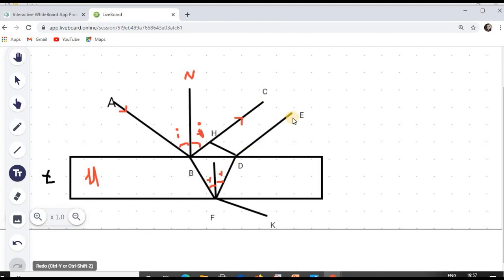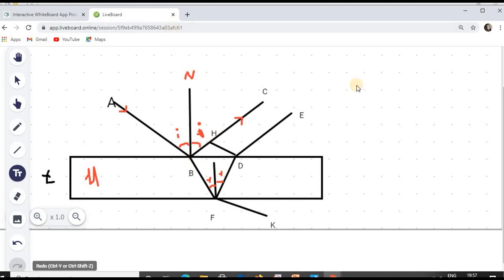What makes the path difference between these two interfering beams is this quantity. The first ray has a path length BC, and the second ray has the path length BF, FD, DE. Here HC is equal to DE, so what makes the difference is BF plus FD for the second ray and BH for the first ray.